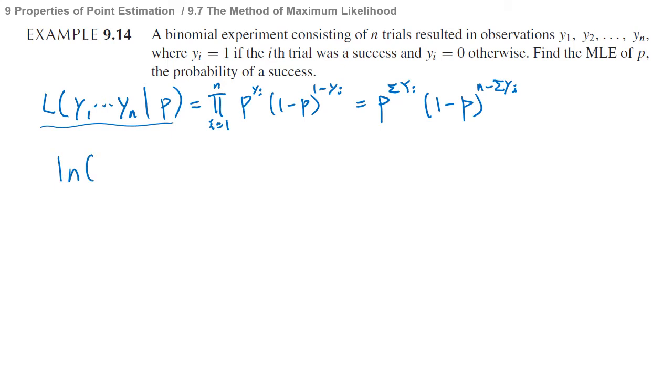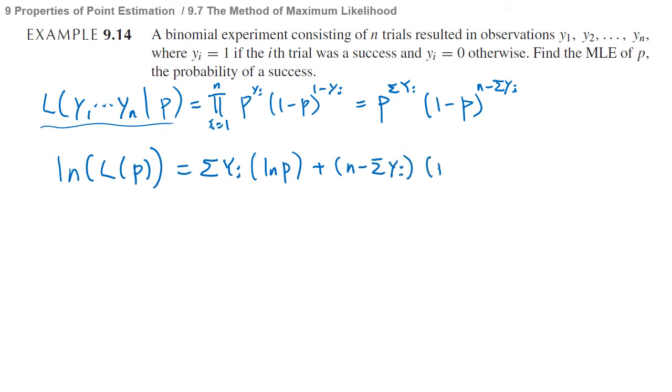So ln L(p), the log likelihood of p, is sum of yi times ln p plus n minus sum of yi times ln(1 minus p).